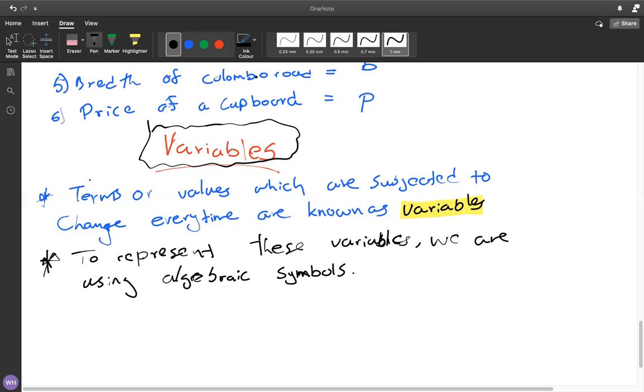So what are algebraic symbols? Simple: a, b, c, x, y, z. Yes, any letter that you can write. Okay, you can write 3 dots.